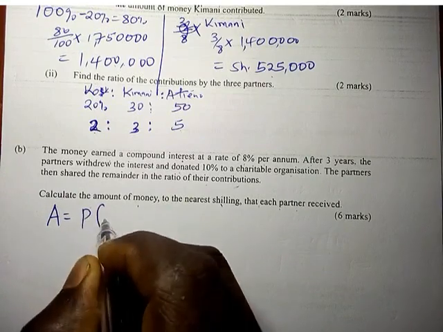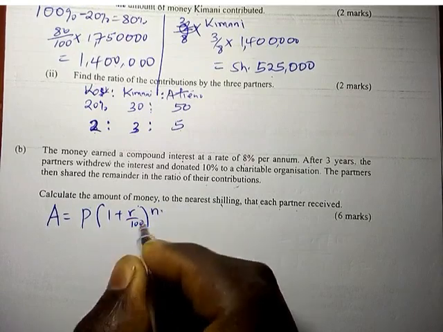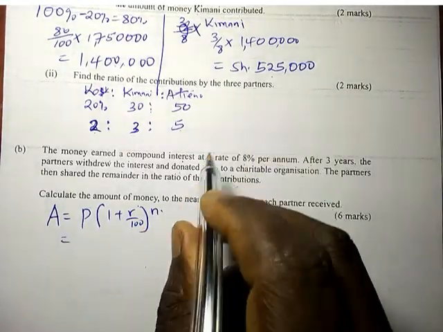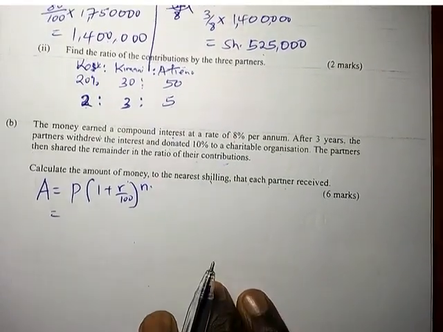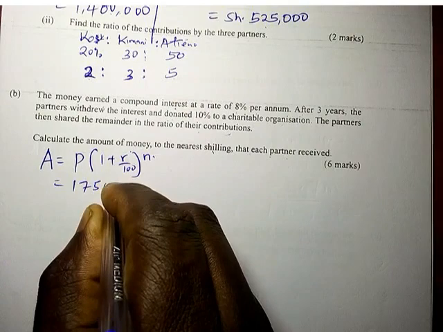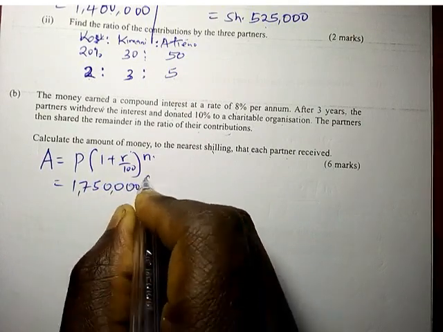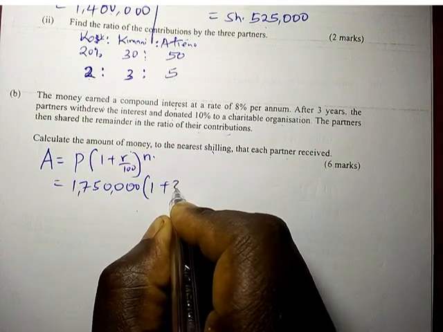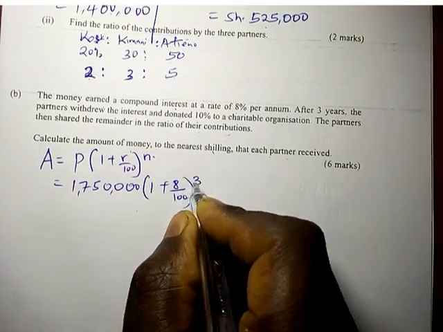Amount will be principal times 1 plus r over 100 raised to power n. The principal is going to be 175 into 1 plus the rate 8 over 100 raised to power 3.